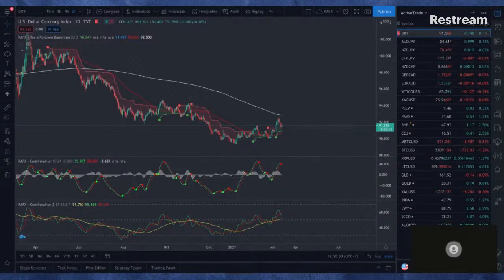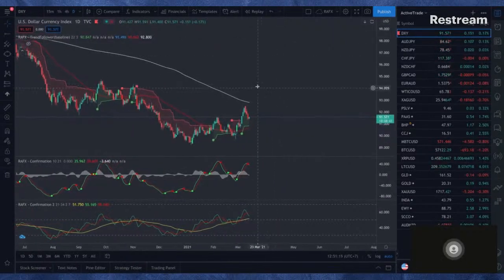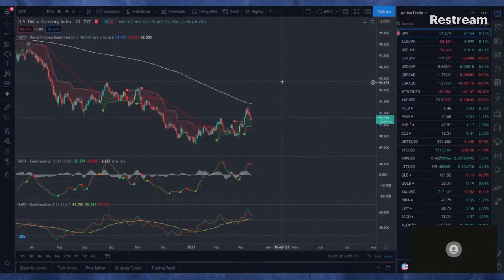Our dollar index is still in a downtrend because the price is obviously below our 200 baseline, and starting from March 9, it was unable to hit the 200 baseline, and it started to decline again.